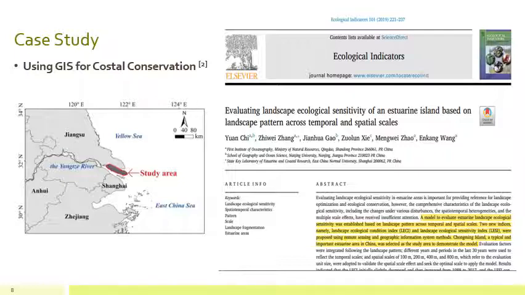So this is just an image of the paper itself and the study area, which is Chongming Island in China, located in the coastal environment between the Yellow Sea and the East China Sea. The researchers are measuring ecological sensitivity based on landscape patterns across 4 different temporal and spatial scales.